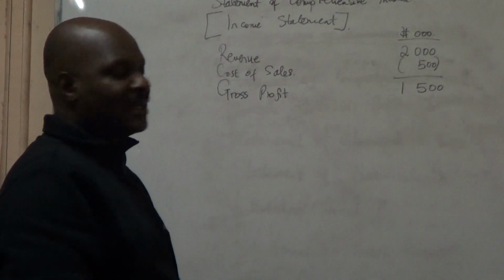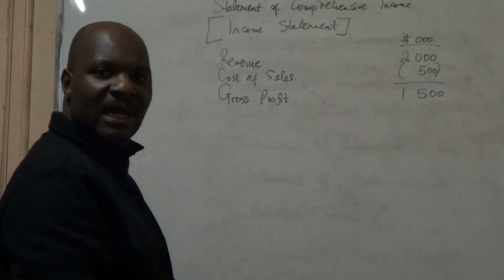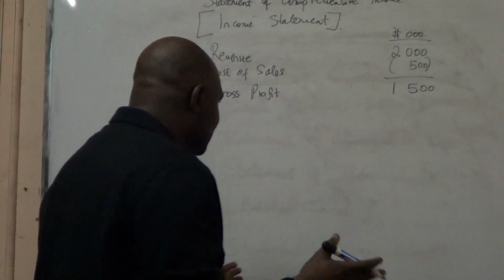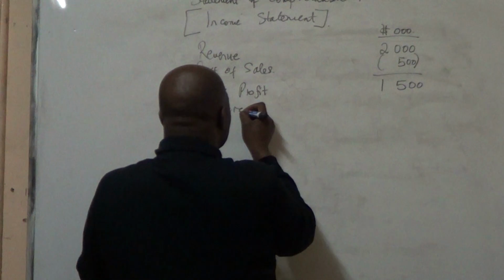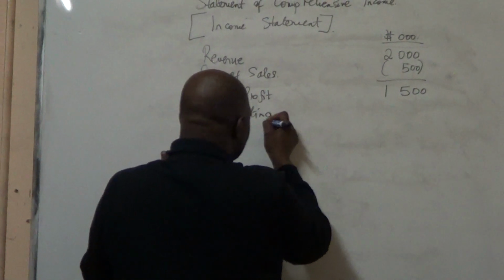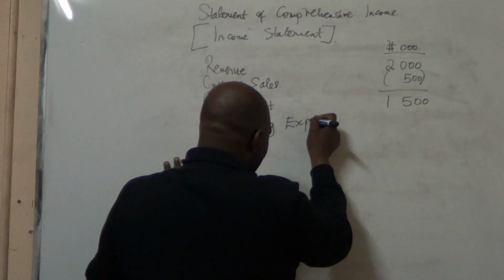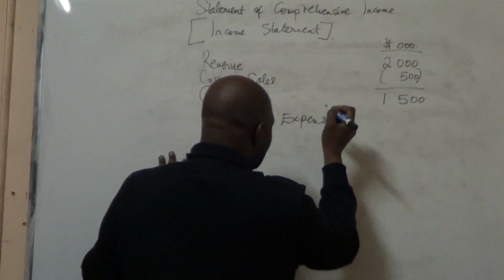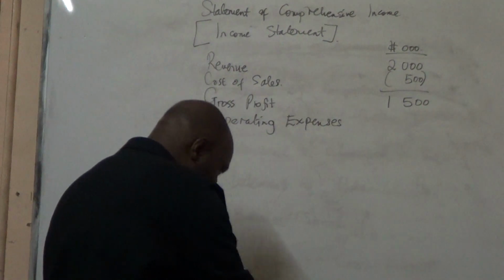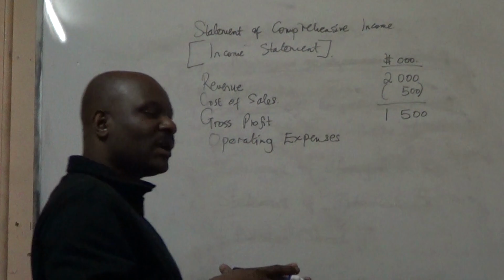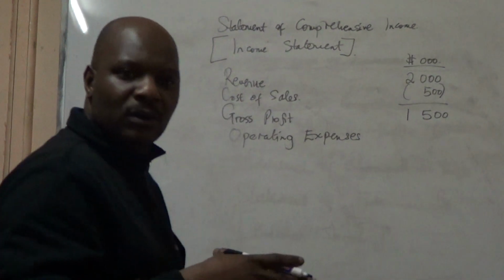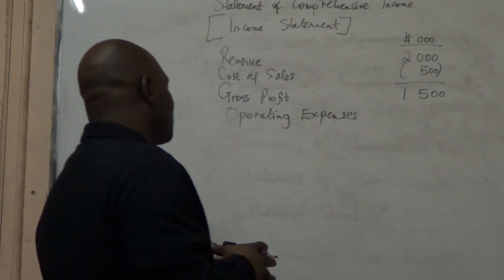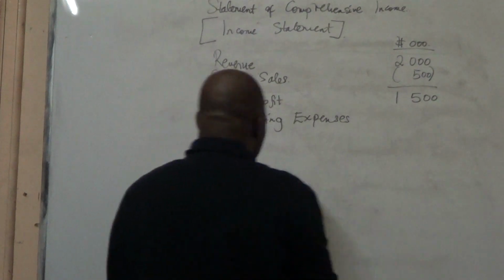So we still have to deduct our operating costs. What goes into our operating expenses? These are expenses which you are incurring on a day-to-day basis in order to be able to earn a profit. Let's have examples of them.